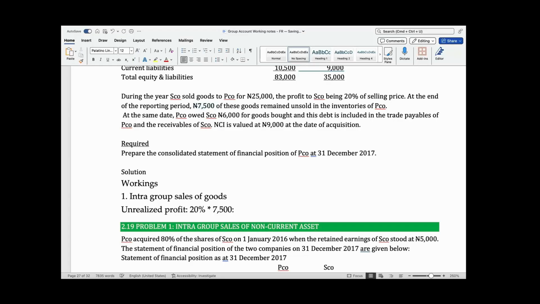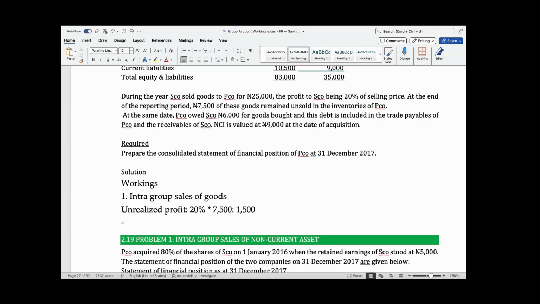So the unrealized profit will be 20% of that. And what's 20% of 7,500? 1,500.